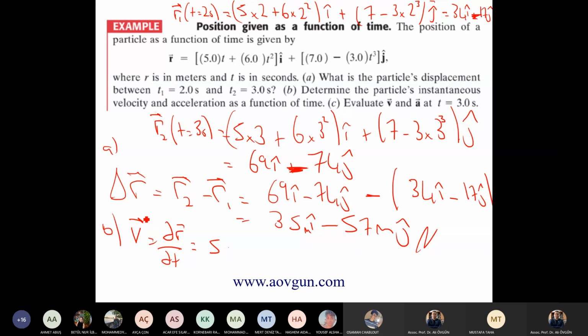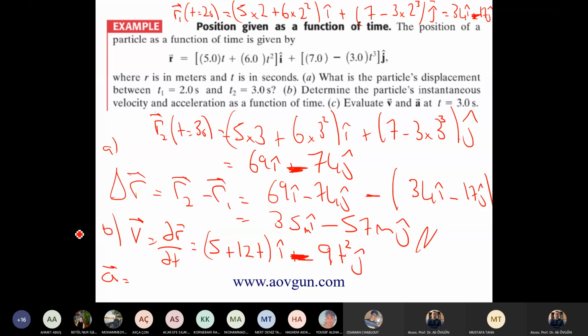The second part is 12t i hat plus, there's no t here, 0. Here 3 times 3 is 9. So minus 9t squared j. So this will be the instantaneous velocity.